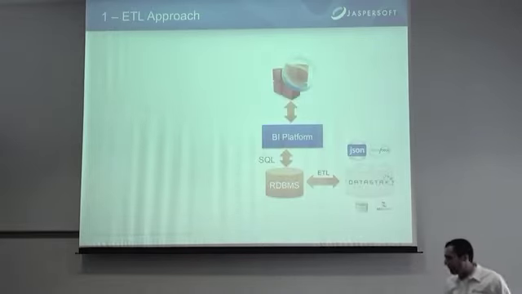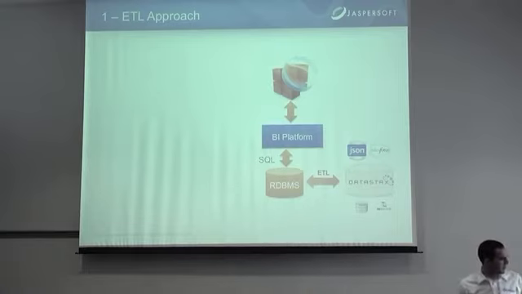So let's look at the ETL approach. Hopefully some of you can see the slides there. The way this one works, you have Cassandra, and you have a batch ETL process that pulls that data into probably a relational database. And then you can use whatever BI tool you want, because those are all going to work with whatever RDBMS you choose.